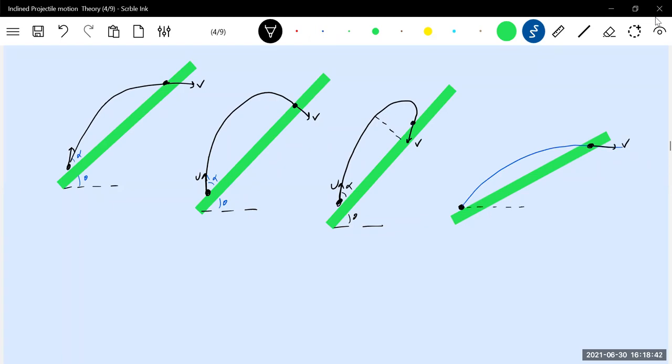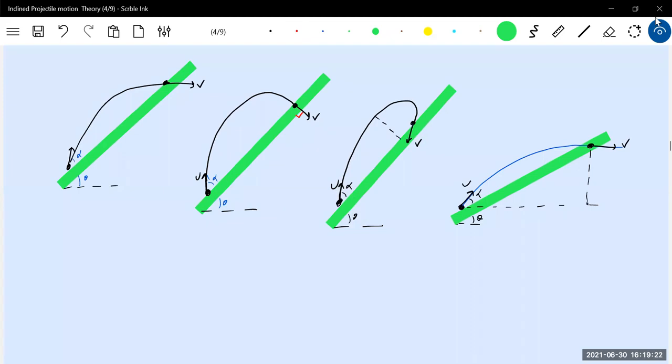It will strike horizontally also. So I think you must be ready for all these conditions. A projectile up the incline can strike normally, can strike horizontally, not with respect to the incline but with respect to the ground. Here perpendicular with respect to the incline, or it may strike in this way also, where v parallel will be opposite. It all depends upon the u, alpha, theta we adjust.